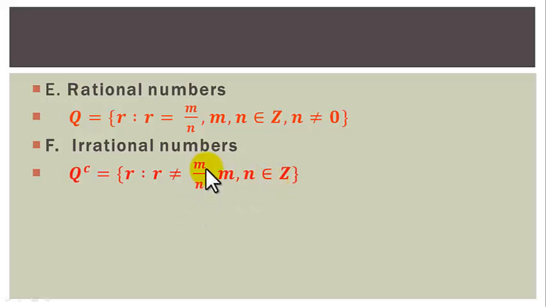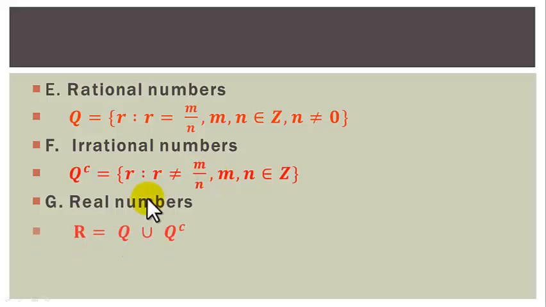That's the set of numbers that cannot be written as a fraction, the set of irrational numbers. G. The set of real numbers. This set is usually denoted by capital letter R, and it is the combination of the set of rational numbers and the set of irrational numbers.